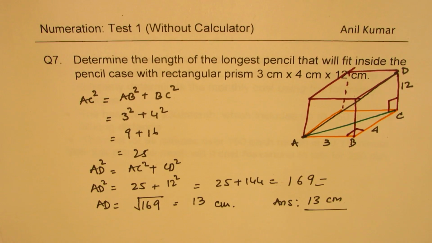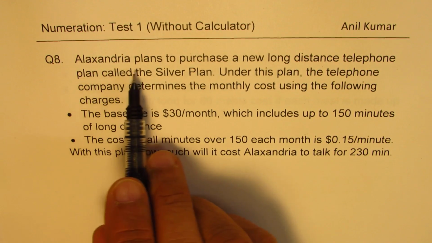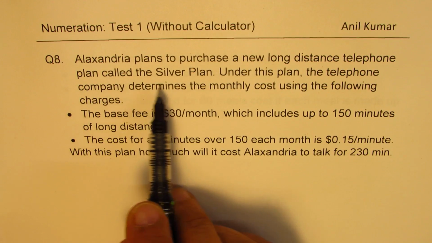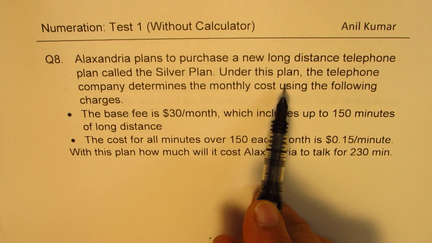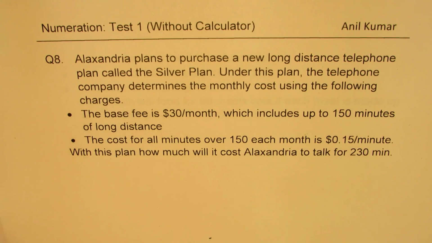Now let's take question number 8. I'd like you to pause the video, read this question, solve, and then look into my suggestions. Question number 8. Alexandria plans to purchase a new long-distance telephone plan called the Silver Plan. Under this plan, the telephone company determines the monthly cost using the following charges.